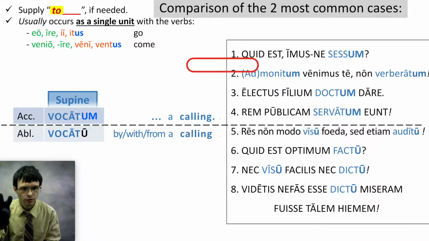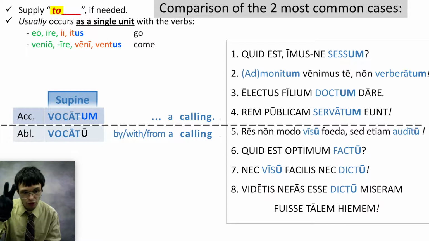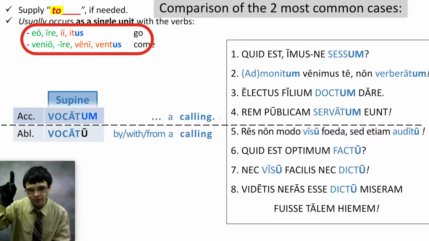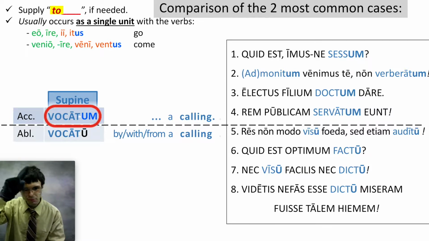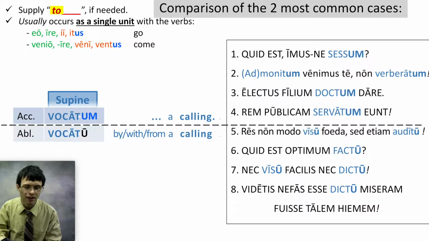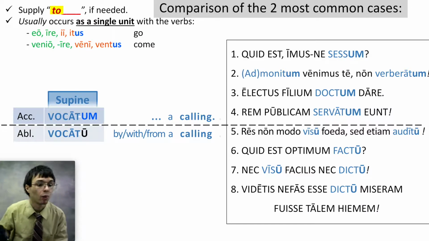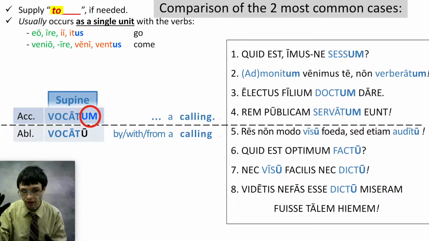So go and come are tip-offs that you've probably got a supine and not some PPP. If you see go or come, and then some weird PPP-looking word, especially if it's accusative, remember that it's not a PPP. What is it? It's an accusative supine.